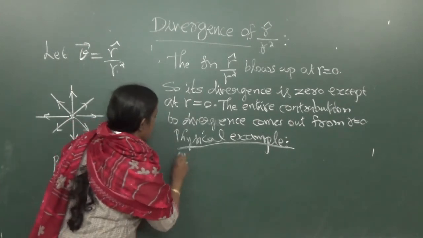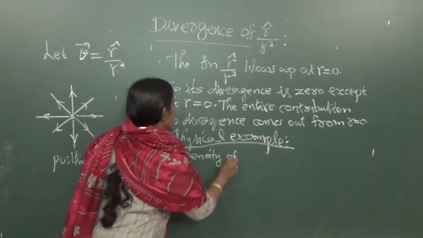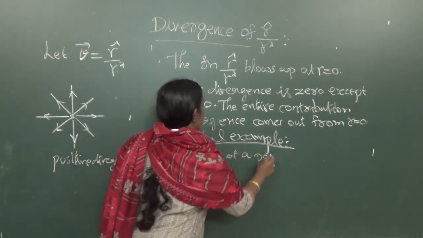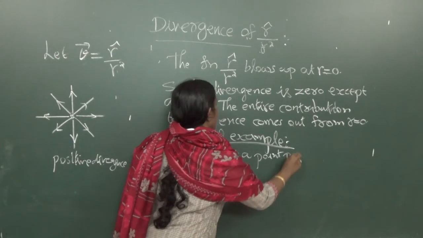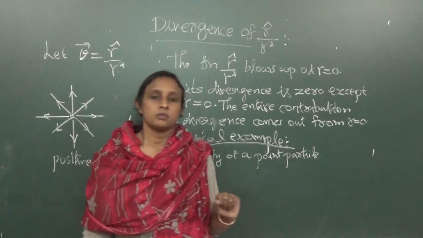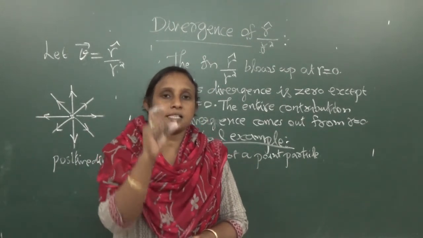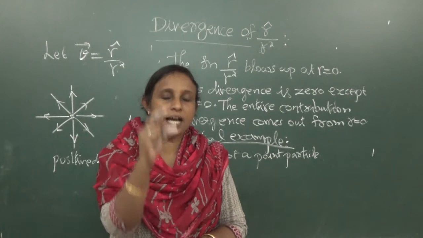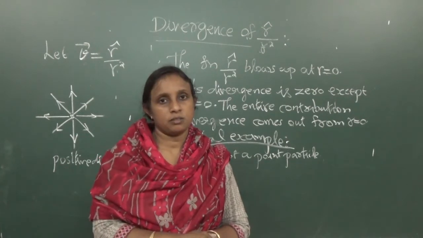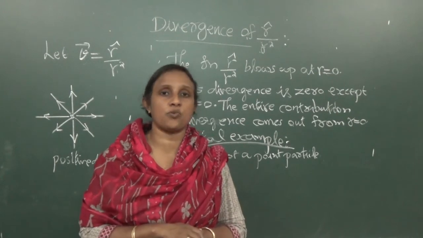the density of a point particle. The density of the point particle has value only at its location. At all other points it has zero value.